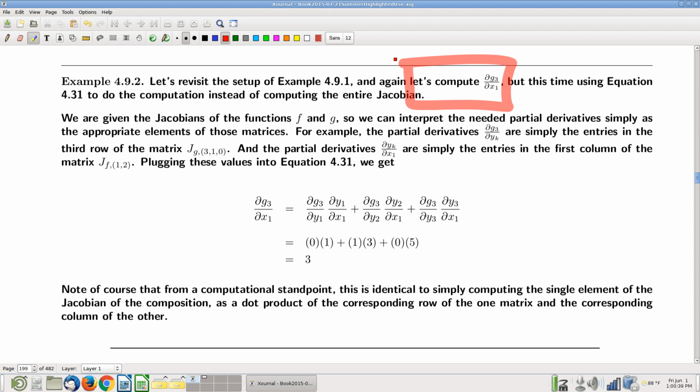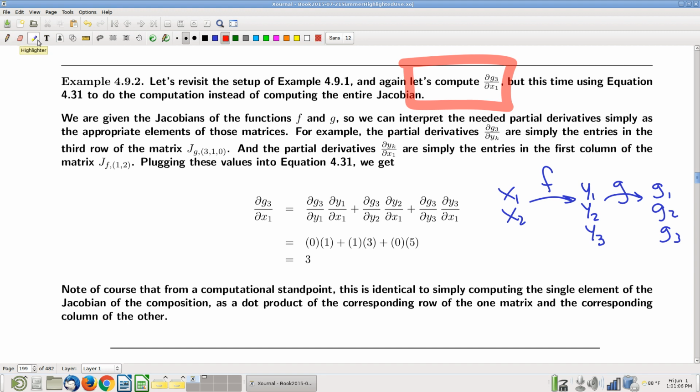We can make a roadmap, remind ourselves that the setup was that we had x1 and x2 by way of f. We have y1, y2, and y3 that are functions of x1 and x2, and then by way of g, we had g1, g2, and g3 that were functions of the y's.